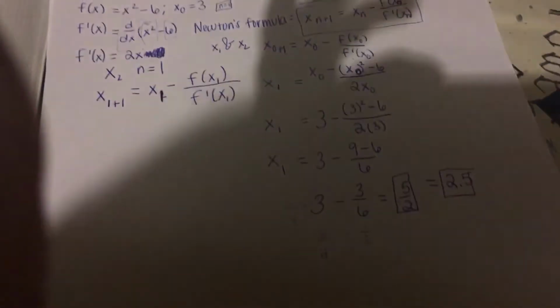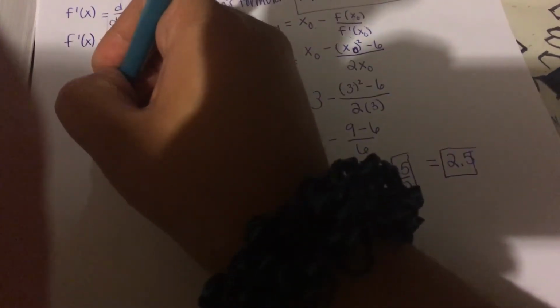Minus f of x sub 1 over f prime of x sub 1. There we go. This is our 2. That's why I got confused before.